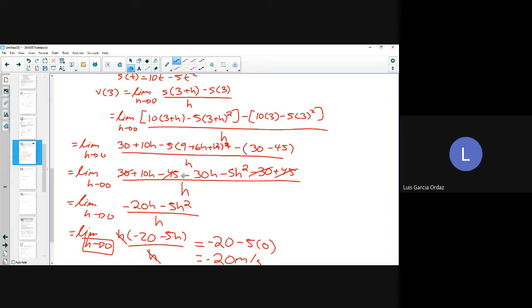It's not stopping. Think of it in terms of a direction. It's going down, okay? So when it comes to positive and negative in velocity, it just tells us the direction.